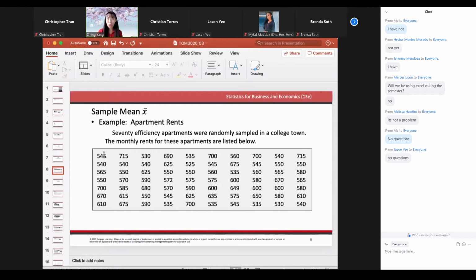When we made the phone call, the first apartment says, oh, we charge $545 a month. And then we call the second apartment. Second apartment says, oh, we charge $715 a month. And then the third one said $530 a month, right? So we made 70 phone calls, and those are the 70 numbers we collected.